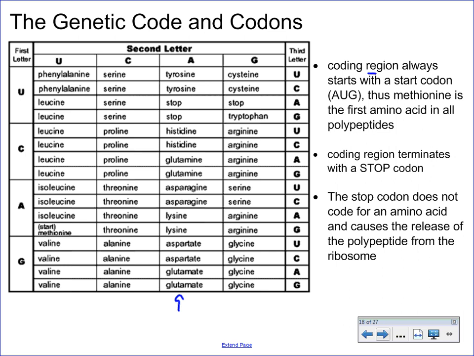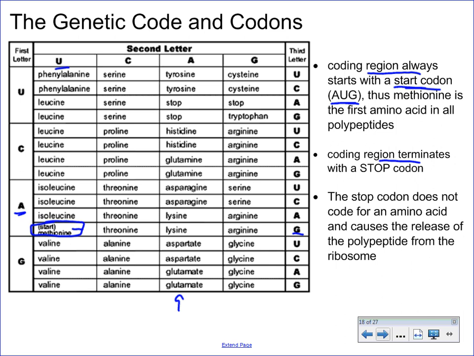A coding region will always start with a start codon, AUG. So if you find A, U, and then G, that start codon is always methionine, and methionine is thus the first amino acid in all polypeptides.